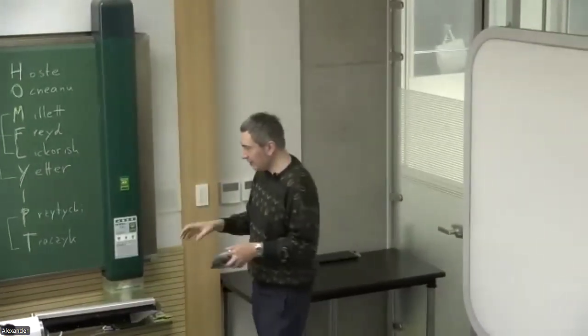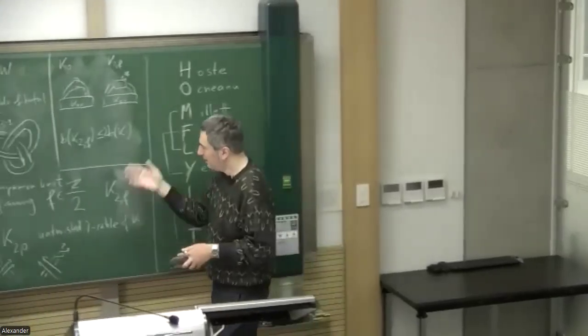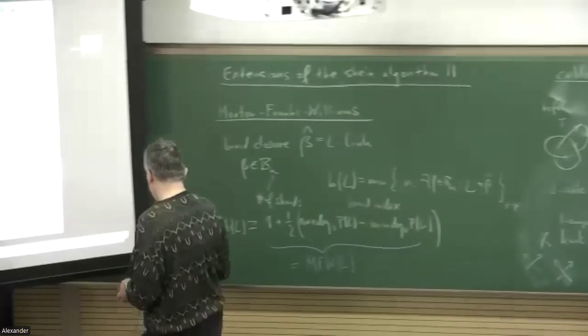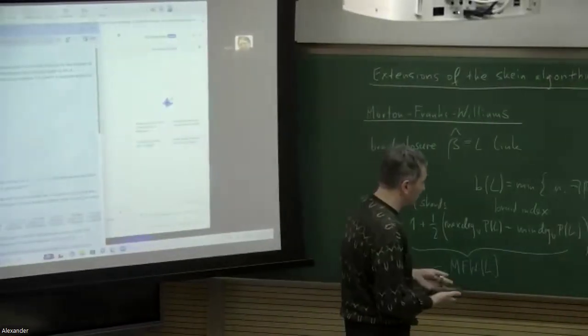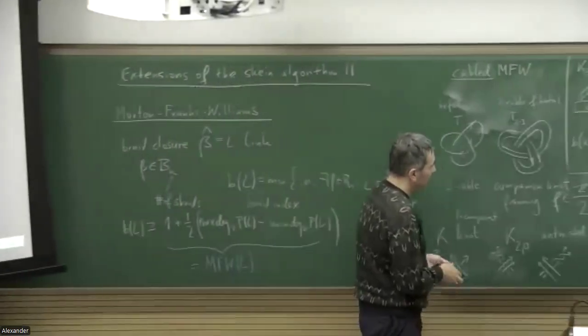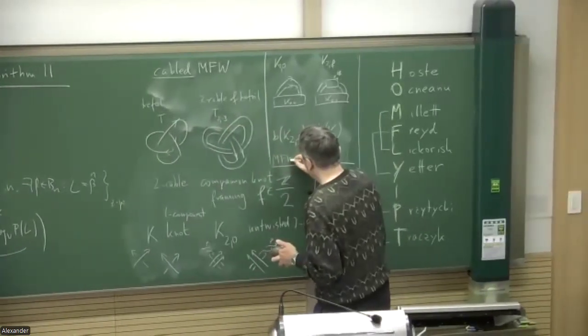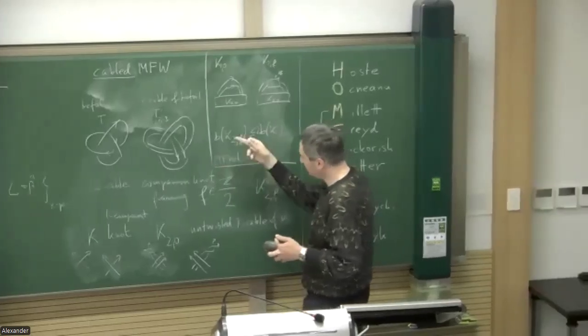When we have a braid representative of K, then you get a braid representative of the 2-cable by 2-cabling this braid, and then you get double the number of strands. So you have that, and now you can use the Morton-Franks-Williams inequality on the cable.